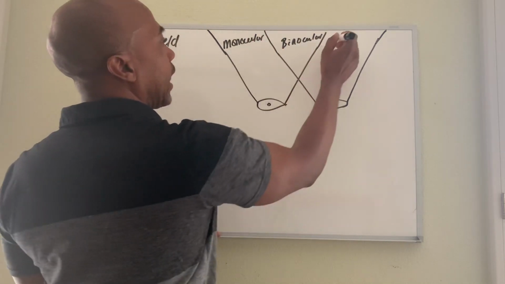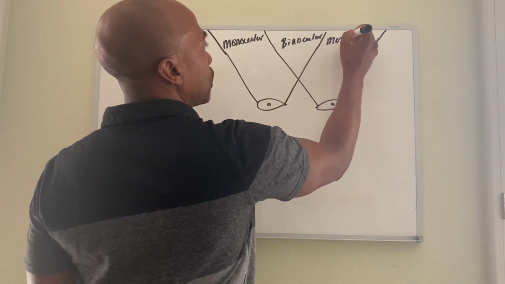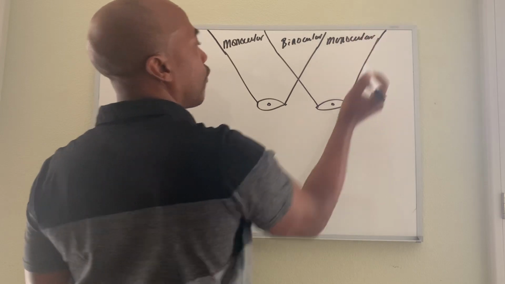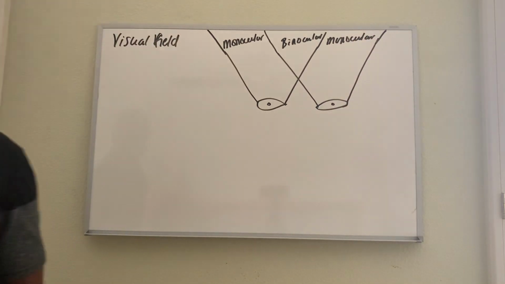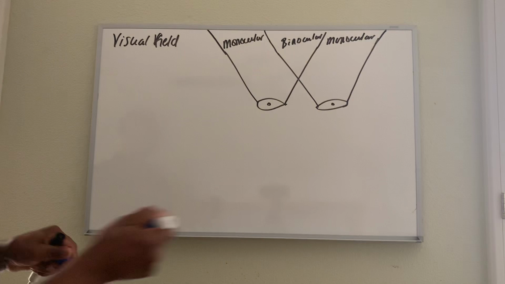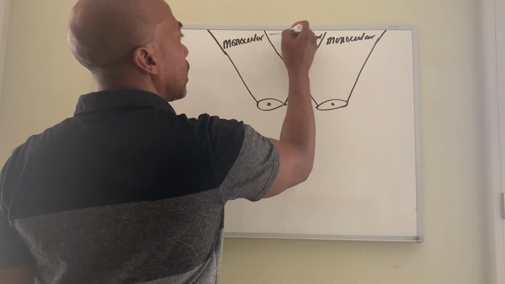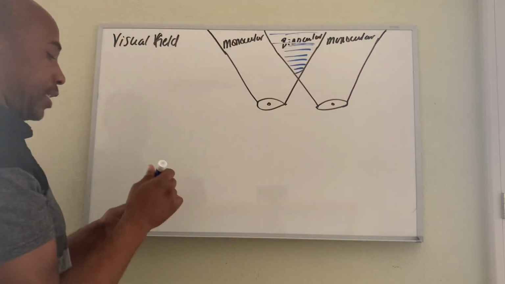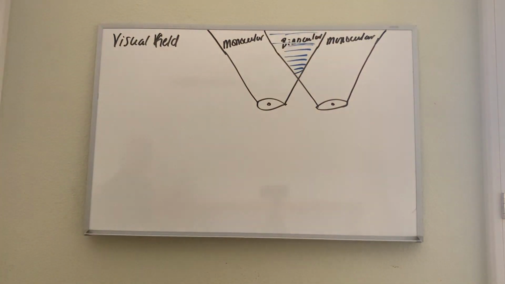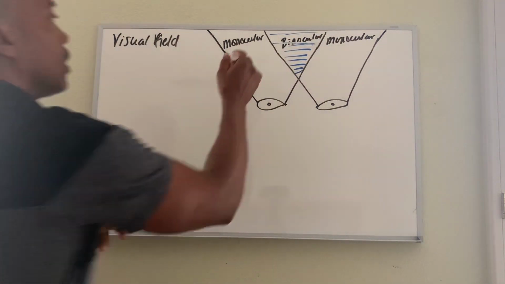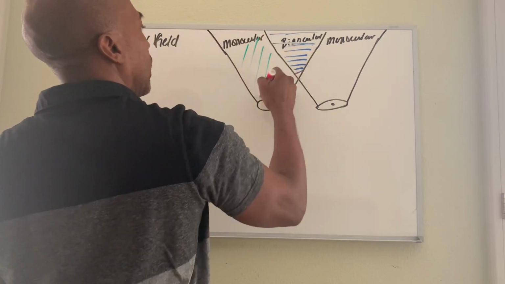Monocular for the left eye, monocular for the right eye. So the shared field here is the binocular field. And these other fields on the side are monocular.